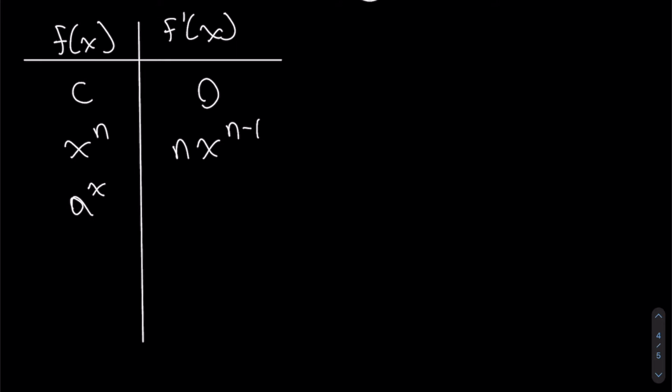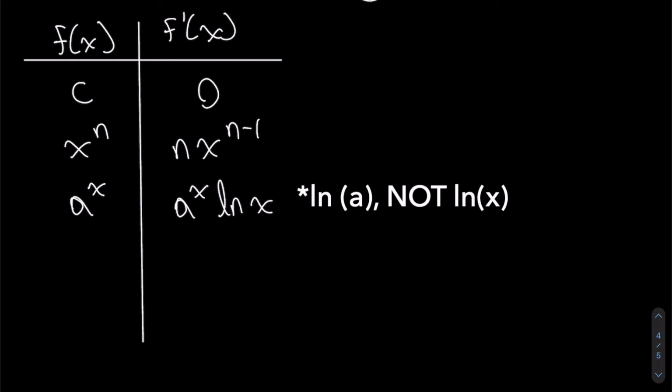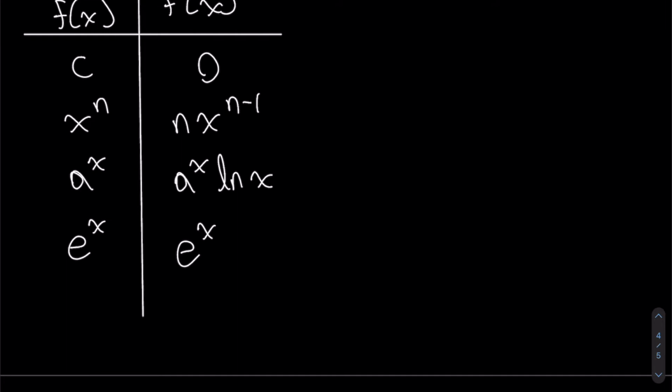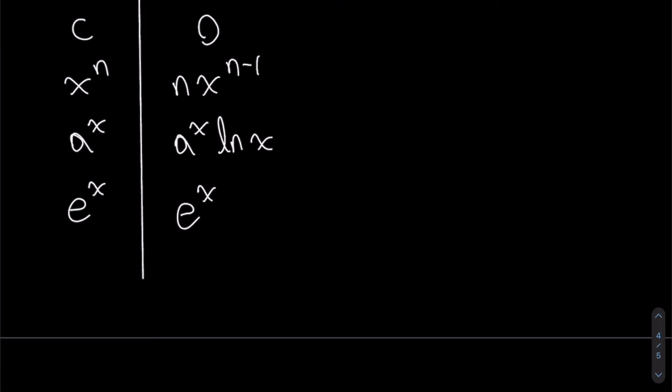The derivative of an exponential function, some number a to the power of x, is a to the power of x times ln of a, where ln is the natural logarithm. If we have the exponential function written in terms of e, then the derivative is just e to the x, which you can get easily using the exponential function derivative if you just plug in a equals e.